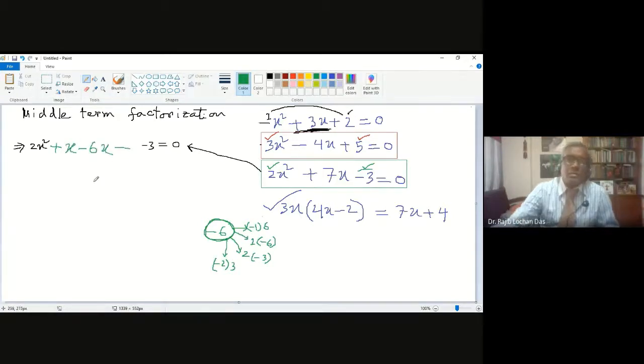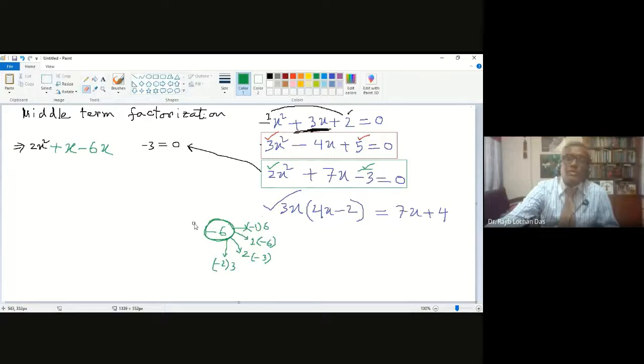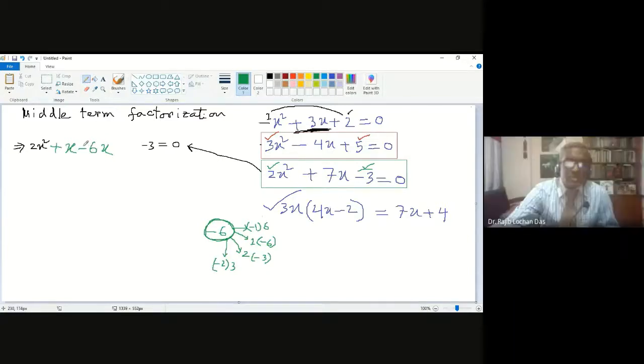No, it is not 7. It should be plus 7. If you use plus 1 and plus 6, then plus 7 will be coming. You are right. But it will not work.